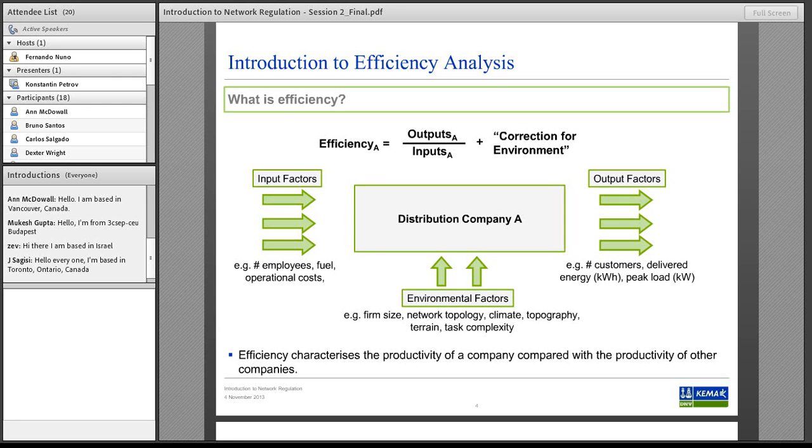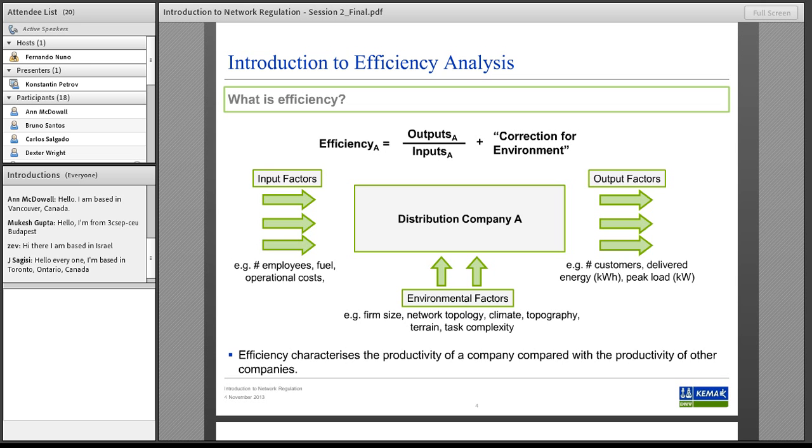And there can be really several indicators which can characterize this operating environment. In this case, we just listed a couple of them. In terms of network topology, it could be climate, topography, terrain, also other variables.